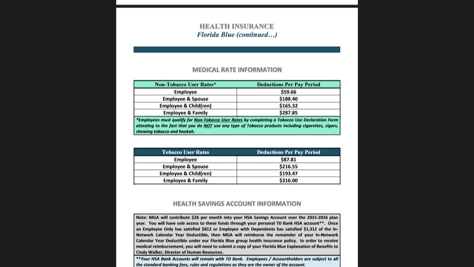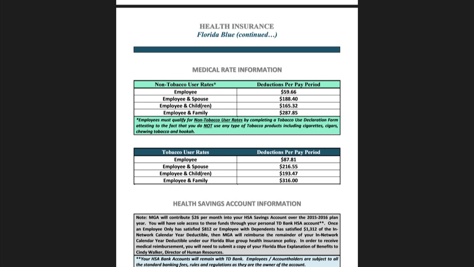Furthermore, Gottlieb will continue to contribute $26 per month towards your HSA savings account until the end of the upcoming plan year. And in addition, once you've satisfied $812 if you're an employee only, or $1,312 if you're an employee with dependents, Gottlieb will continue to reimburse the remainder of your in-network calendar year deductible under the Florida Blue Group Health Insurance policy.